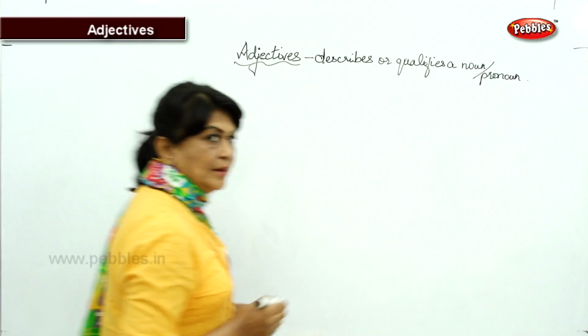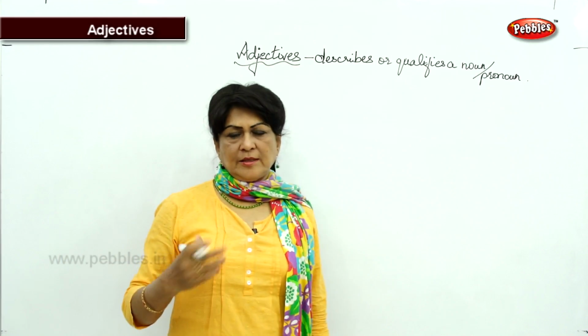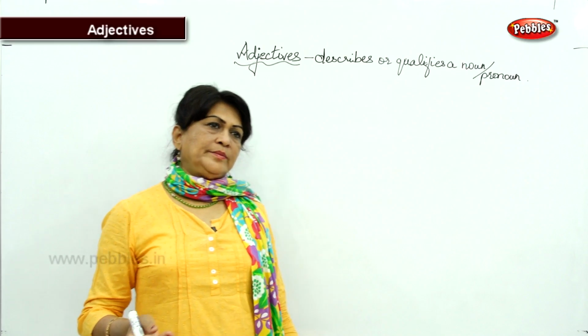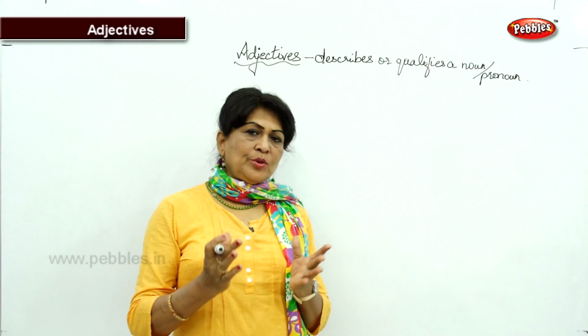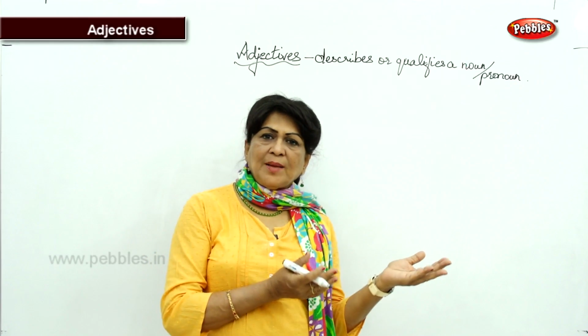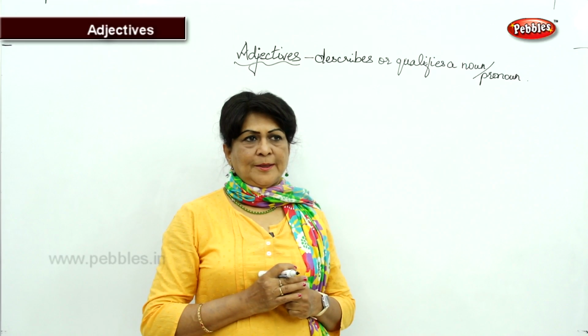Okay, is that clear? Now, for example, I will just tell you orally, it is a beautiful rose. So, beautiful is a word which describes or qualifies the noun rose.